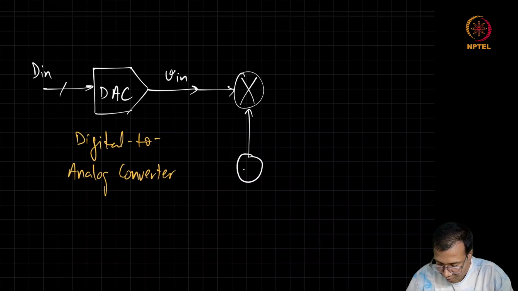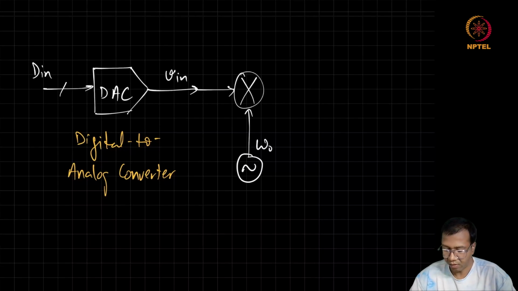Such a circuit is called an oscillator, which can generate this signal at some specific frequency, let's say omega naught.